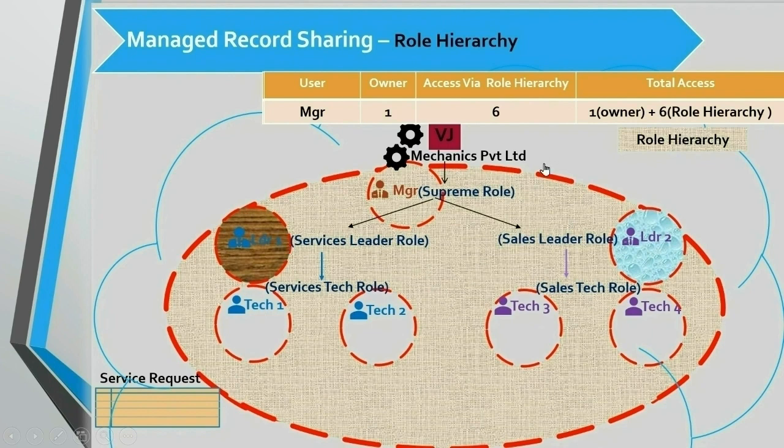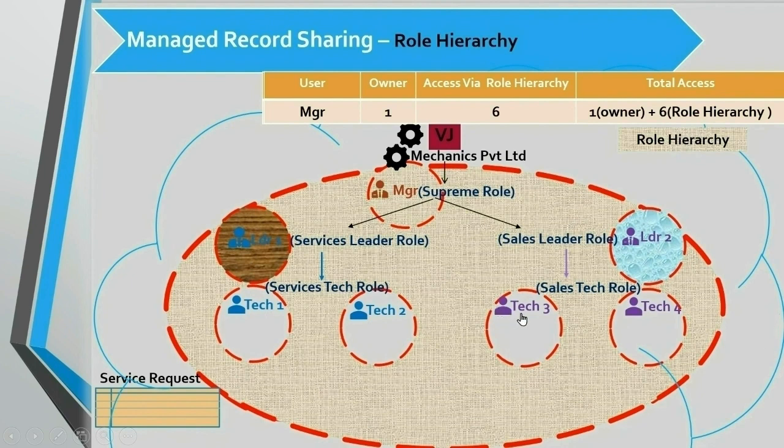Here, whatever the records that we have seen are records created by the users under this role. Let's assume the Tech 3 user would get another record access, only the read access, and that record is not created under this role. That record would have been created by some other user falling under another role hierarchy.